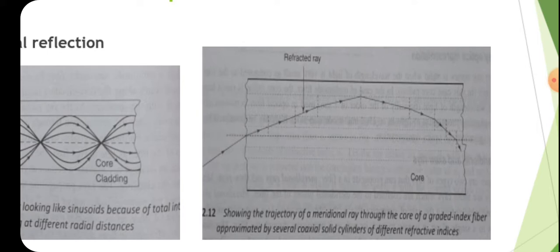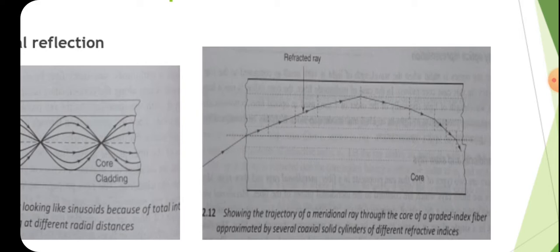So when the angle of incidence at a particular interface is greater than the critical angle, the ray gets totally internally reflected and starts traveling back towards the core axis. Okay, so when the angle of incidence of this ray is greater than the critical angle, it will be totally internally reflected back.